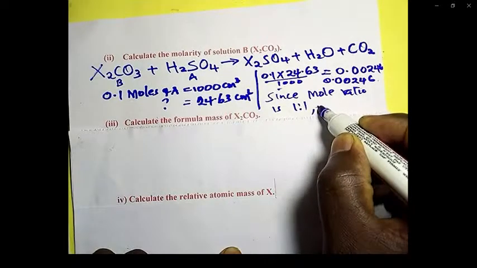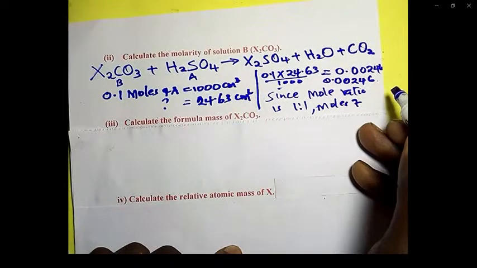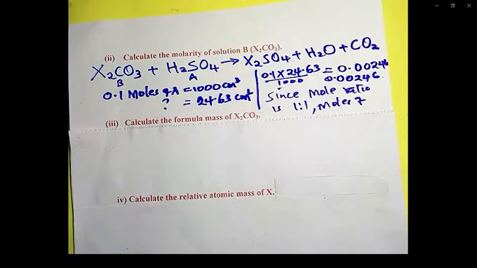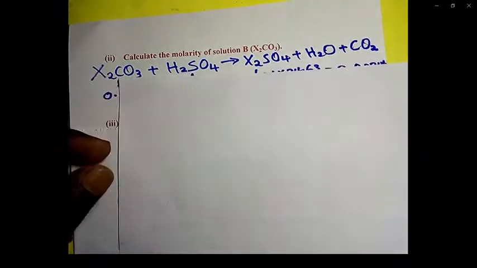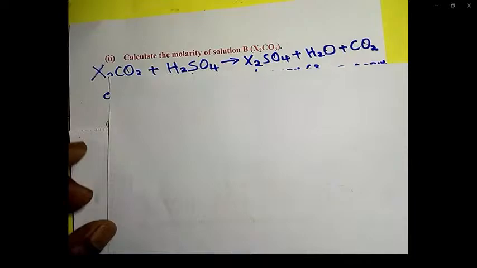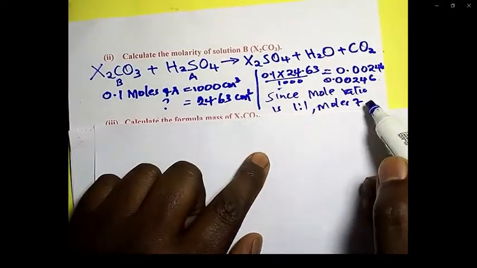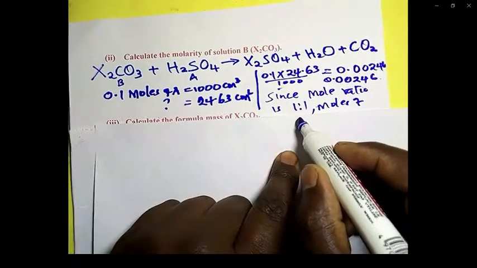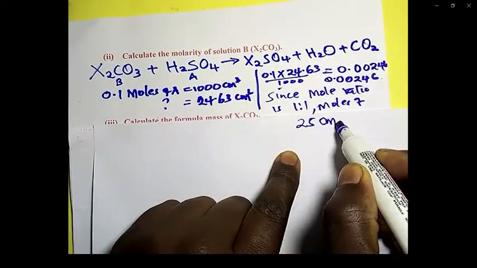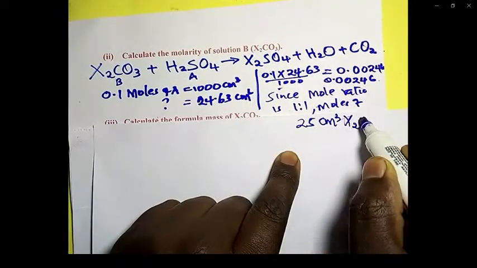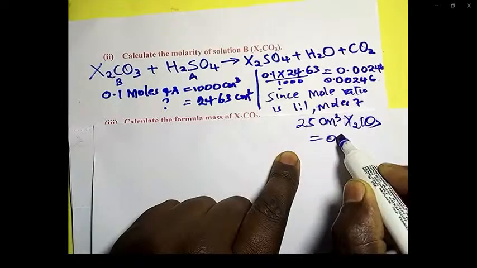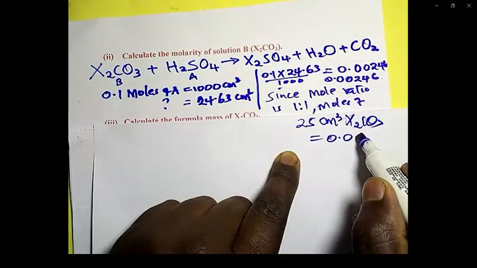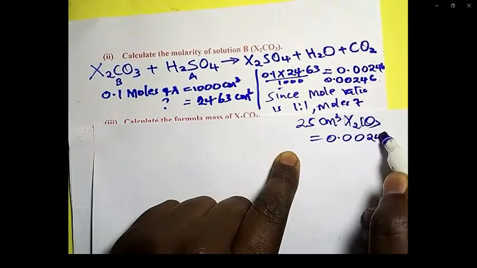The space has become limited for me, so let me use a different paper here. Let me finish here. So we can say that now the moles of X carbonate in 25 centimeters cube of X carbonate is equal to 0.00246.